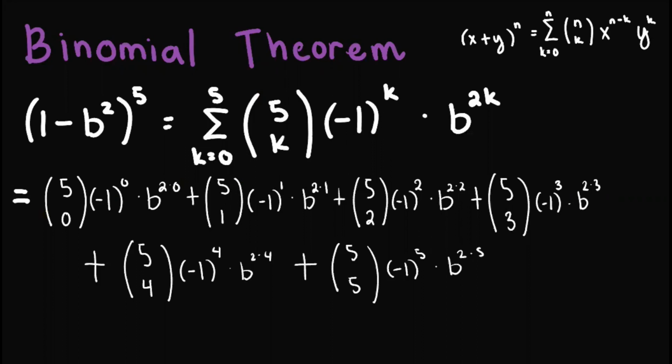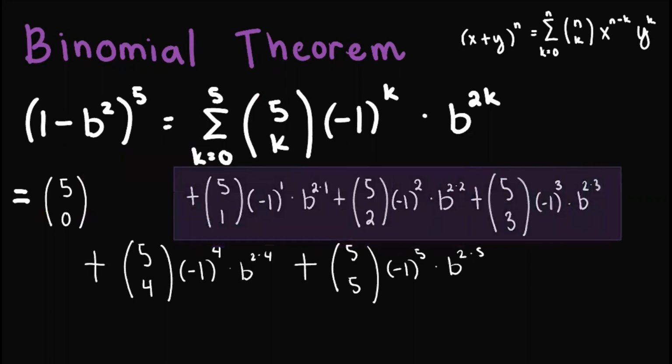Now out here, notice that this would simply simplify into 1, since they both have an exponent of 0. So we can remove that one out.